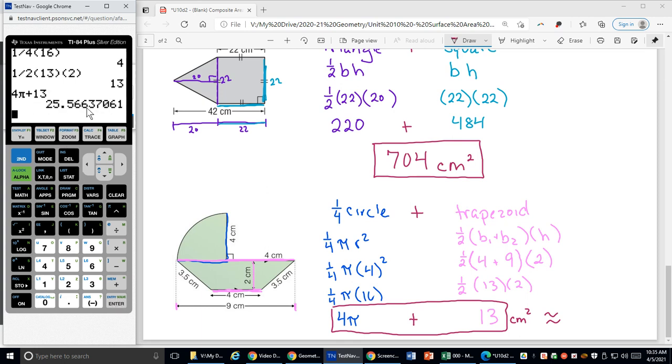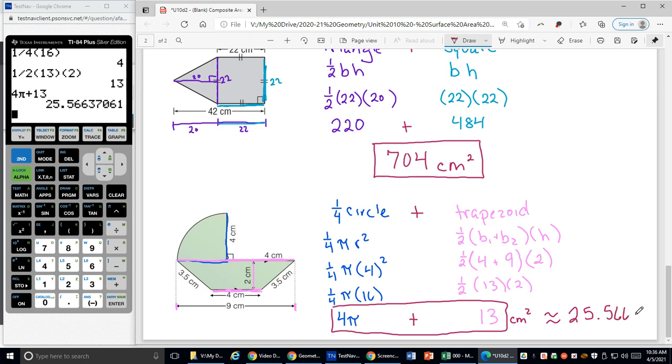So 5, 6, 6. After the 6 is a 3, so I don't round it up. So it's 25.566, and these are square centimeters. That is my rounded approximate answer.